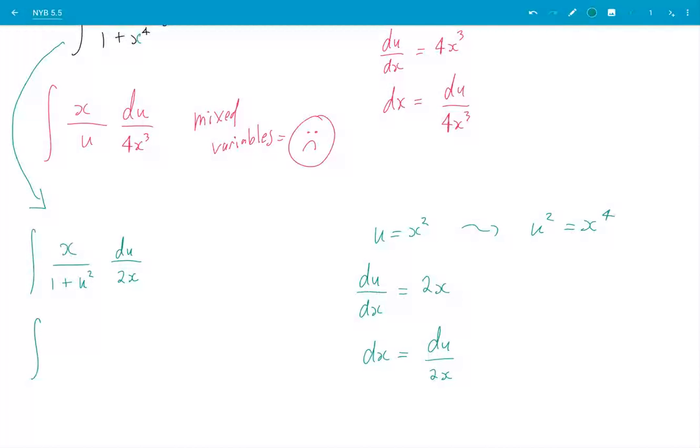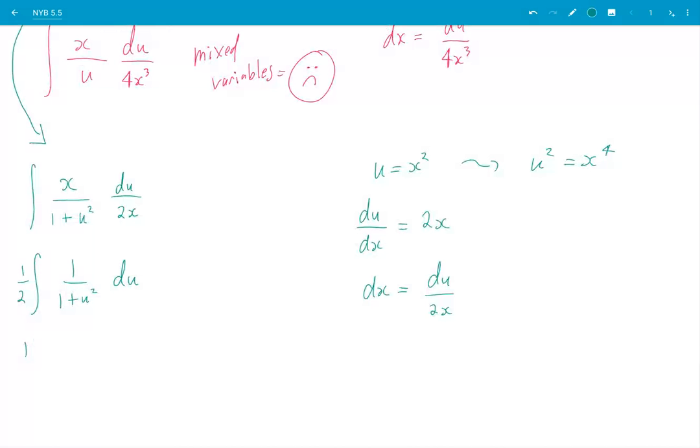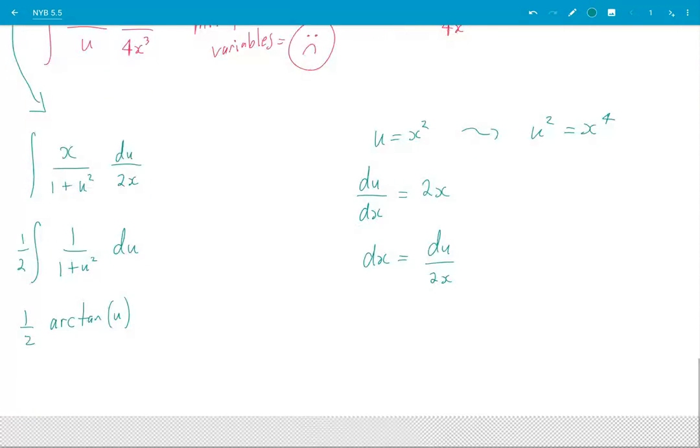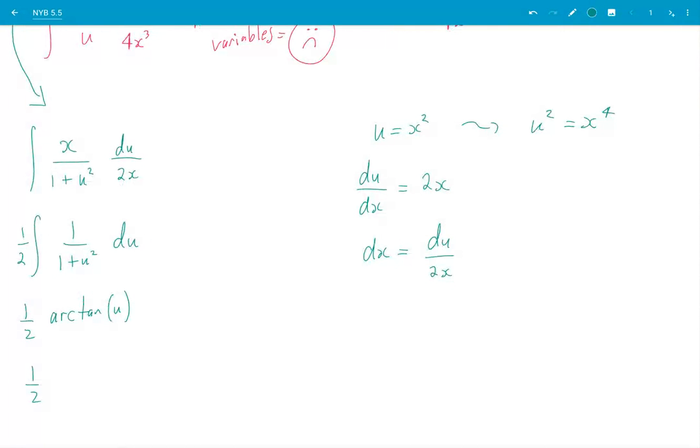I have half 1 over 1 plus u squared du. And that's a half. And this is a memorized formula. This is arctan. So half arctan x squared plus c.